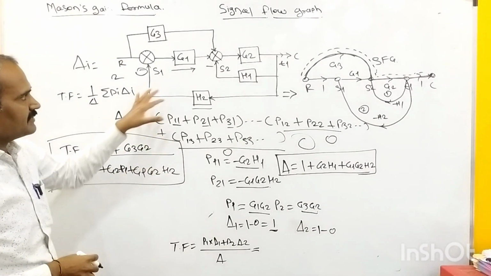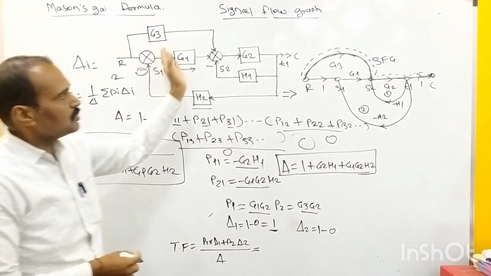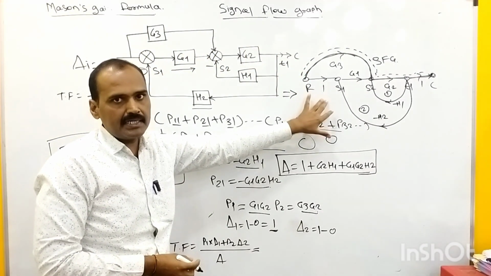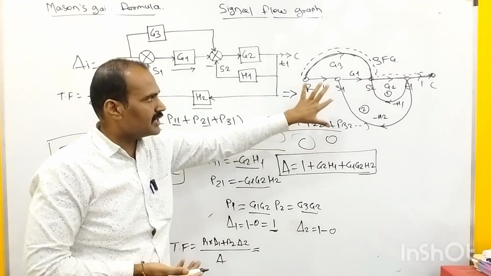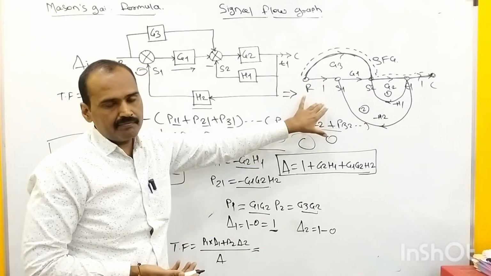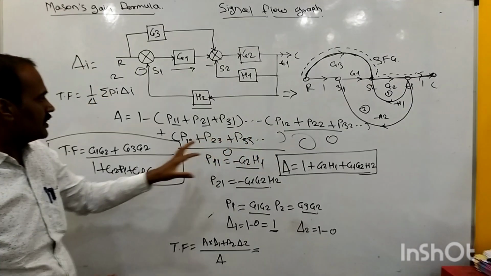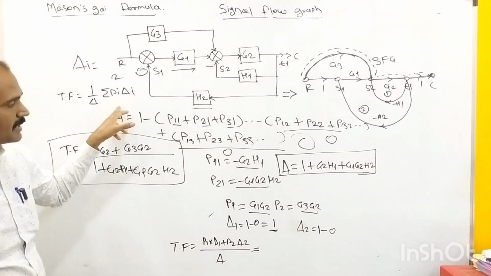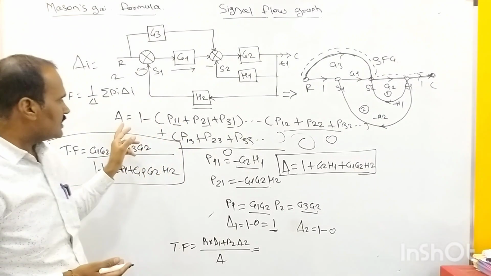What we need to remember as far as this technique is concerned is how to replace the block diagram representation with its equivalent signal flow graph representation. Once we have the desired signal flow graph, we can directly use Mason's gain formula, in which we need to determine these three parameters of the system determinant.